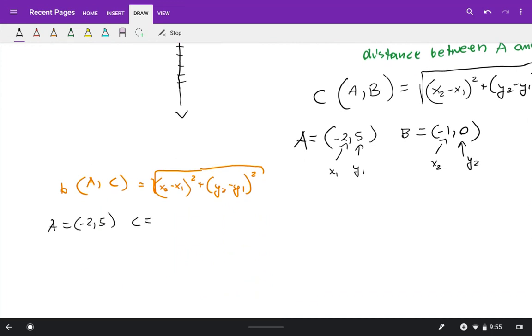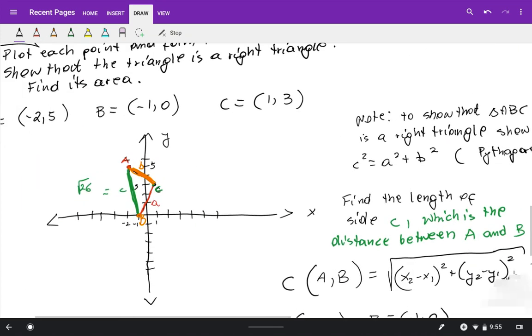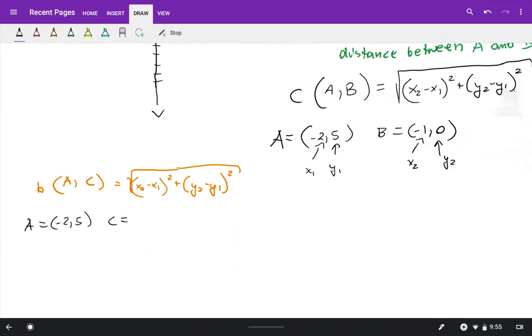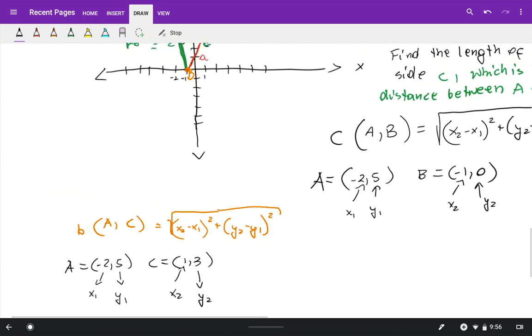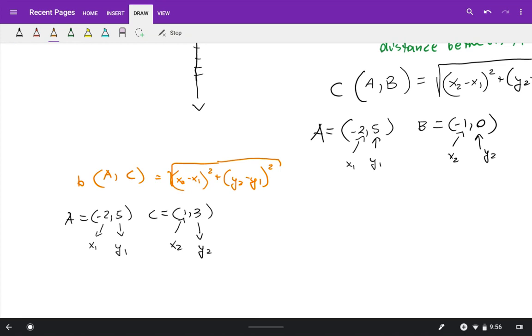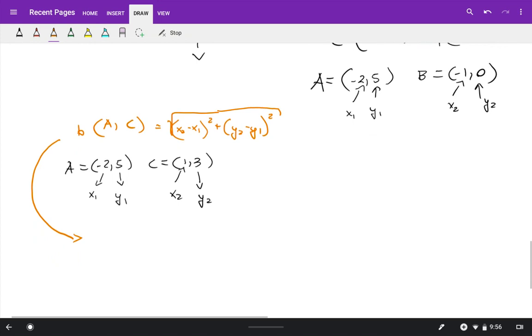C has coordinates 1, 3. So -2 will be x1, 5 will be y1, 1 will be x2, and 3 will be y2. I'm going to find the length of side b, which is the distance between those two points.